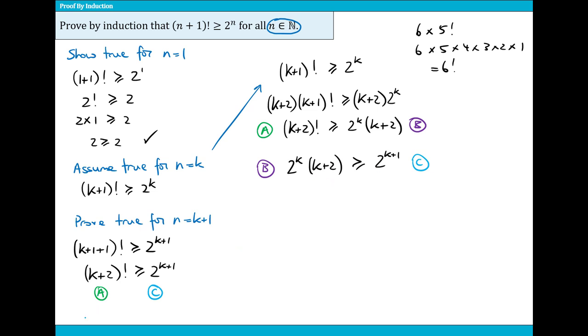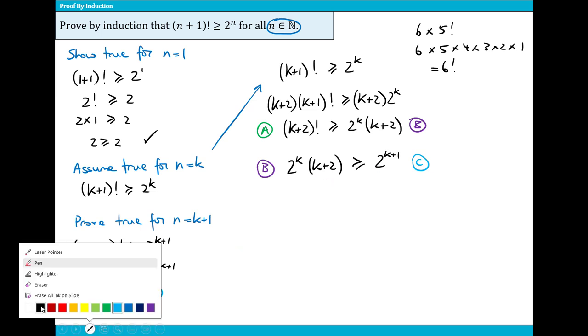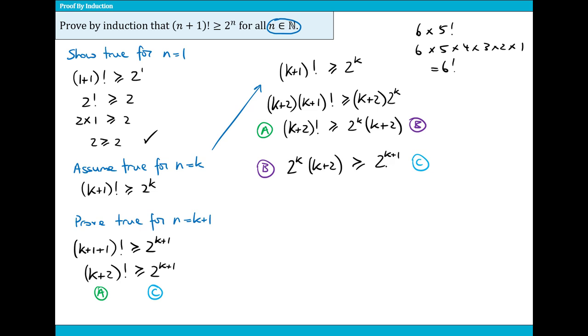Okay, so if I take this and have a quick look at it, on the right-hand side, I am going to use the law of indices to change 2 to the power of k plus 1 into 2 to the power of k times 2 to the power of 1. I can see that I have a 2 to the power of k on both sides, so I'm going to divide both sides by 2 to the power of k, and I am left with k plus 2 is greater than or equal to 2.